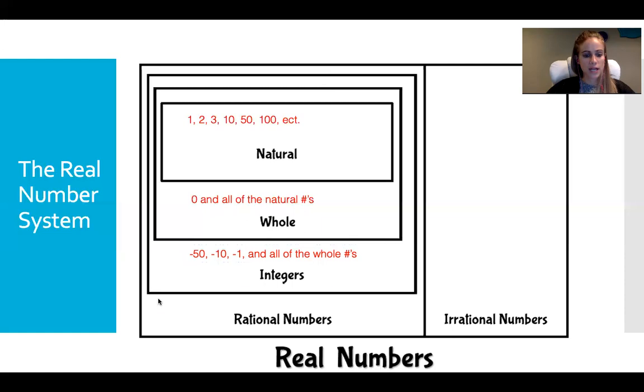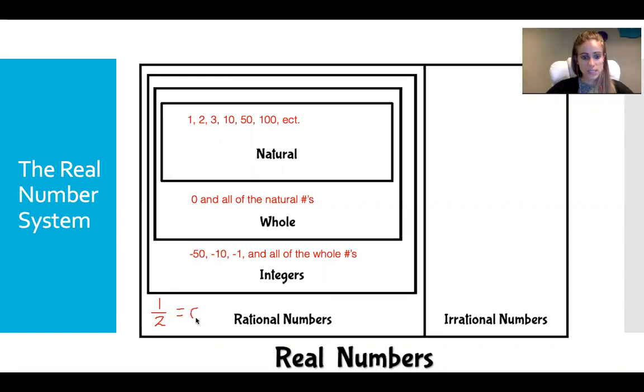Let's use the fraction 1/2 as an example. 1/2 is a rational number. One of the reasons that 1/2 is rational is by converting it to a decimal. What would 1/2 be as a decimal?